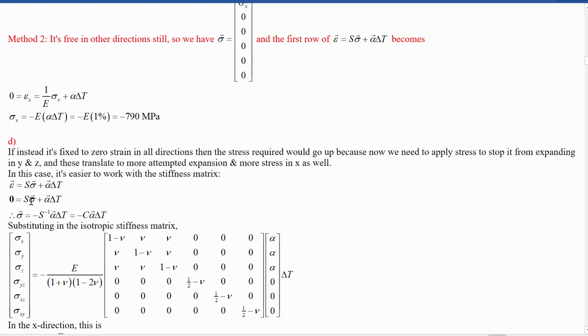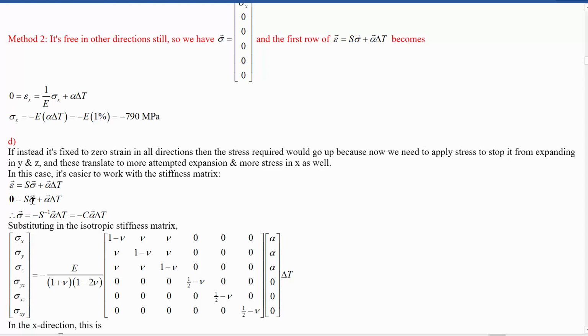So with the rest of the sigma components non-zero, this is going to work out slightly differently, right? It was only the other sigma components being 0 that let us easily multiply the compliance matrix over by sigma in order to figure out how the temperature change is going to be related to the stress. If it's totally fixed in all the directions, then this vector on the left is totally 0.